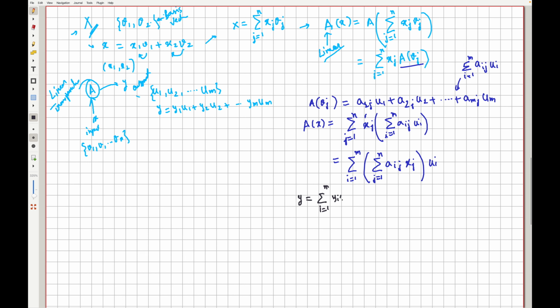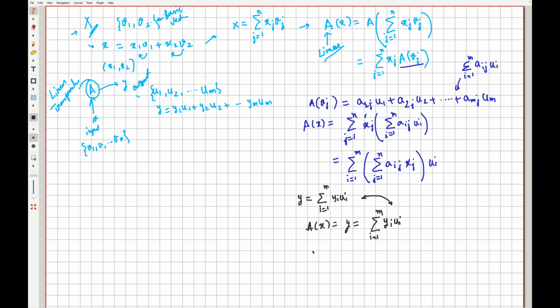So we can say A of x is equal to y, because that's the transformed vector we are talking about. And here we say summation i equals 1 to m of y_i u_i, and that's what we just wrote above.